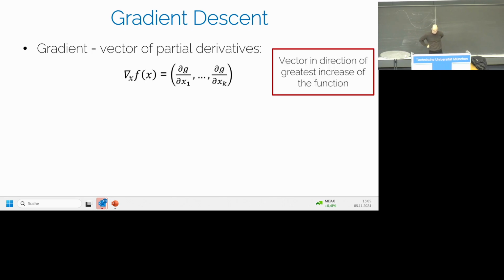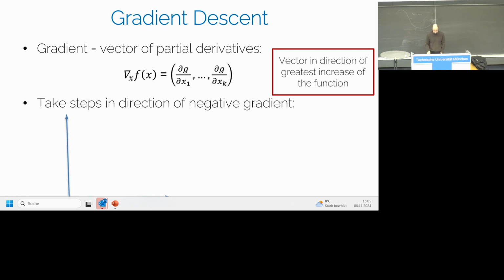This is a vector that has the dimension of your input space, right? So if your input space has hundreds of weights, then your vector is hundreds dimensional. And this is a vector that points in direction of the greatest increase of the function. And so in gradient descent, you would take steps in direction of the negative gradient.